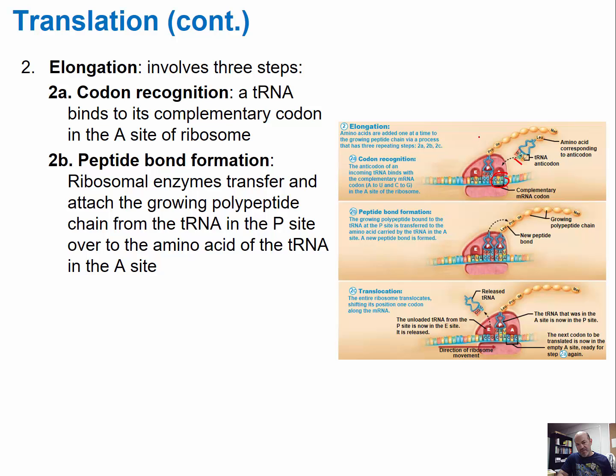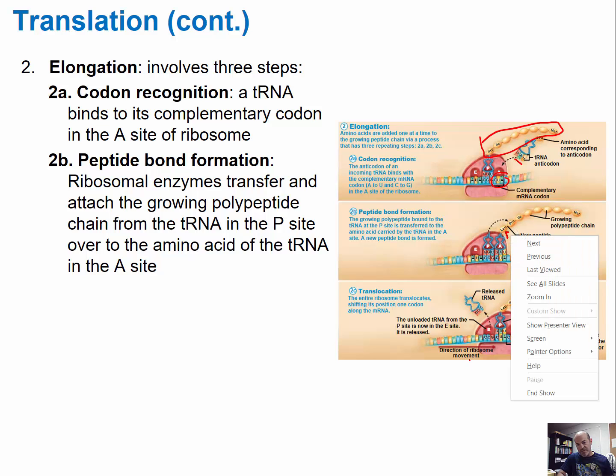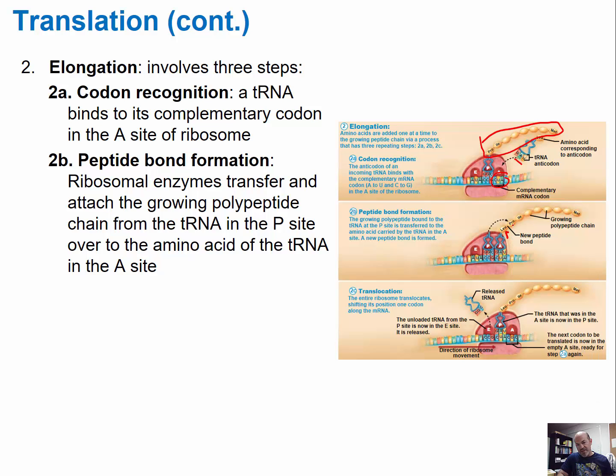If we look at the first picture up above, we have our chain of amino acids, our peptide, and it is currently attached to a tRNA at the P site. What's going to happen here is we're going to transfer that polypeptide to the next amino acid that was brought in, which is right there. And at the same time, there's going to be a bond formed there, so we're going to form a peptide bond. So that's what's meant by peptide bond formation.